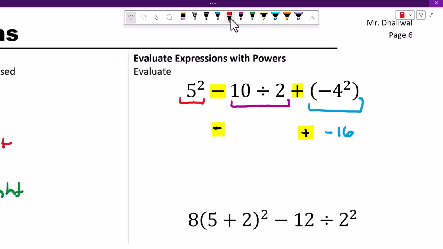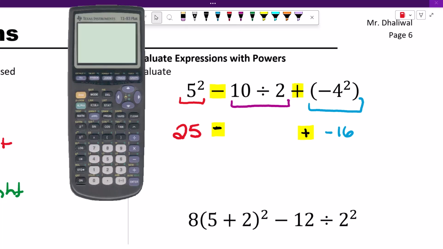Positive. Right? And remember to use your calculator if you're not good with arithmetic. So you just use the exponent button, right? So you go 5 exponent 2, and you get 25. Okay? Now, you do the purple section. That's 10 divided by 2. What number do you get?